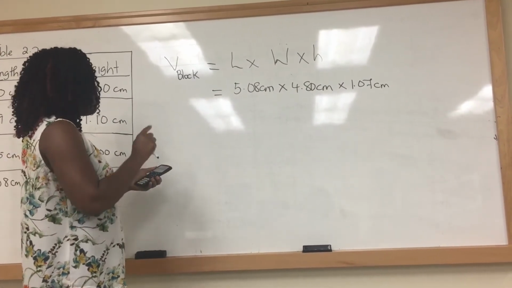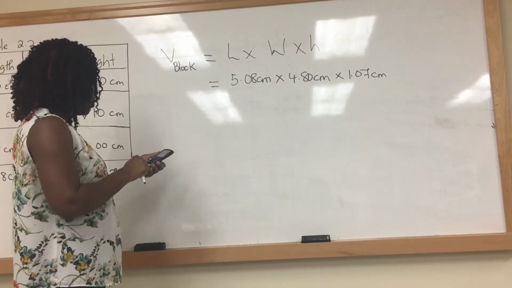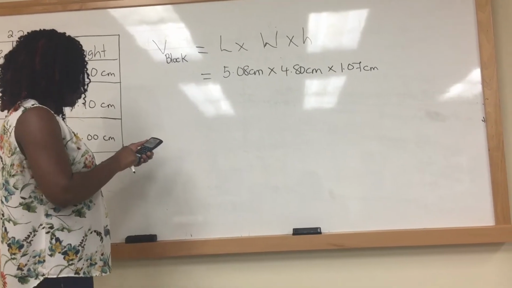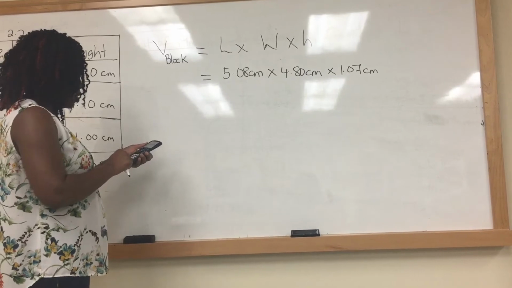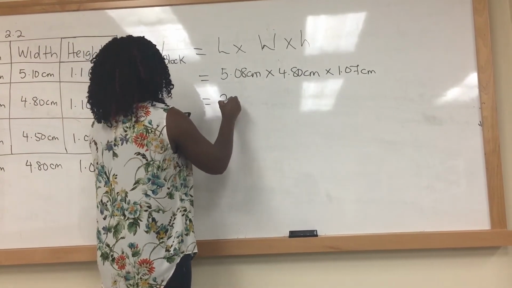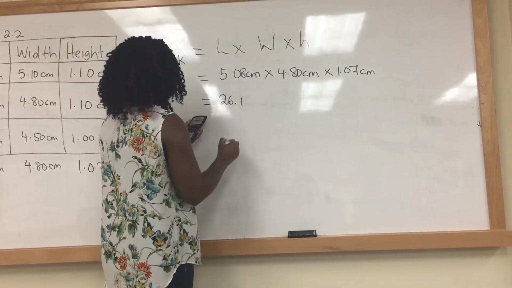So I have volume of the block equals length times width times height. So I'm going to say 5.08 times 4.80 times 1.07, and that will give me 26.1.